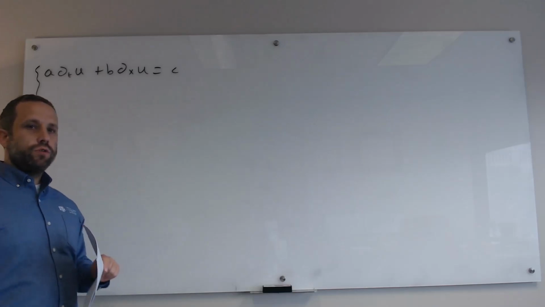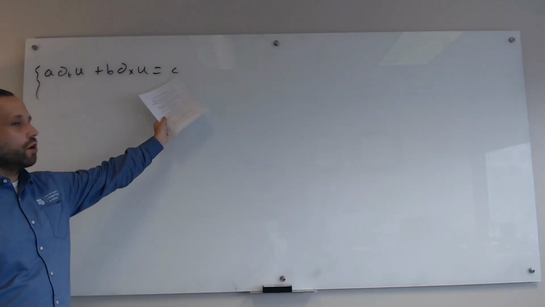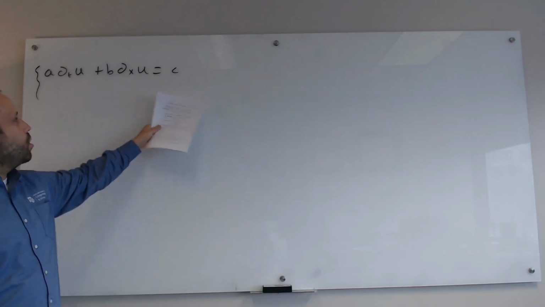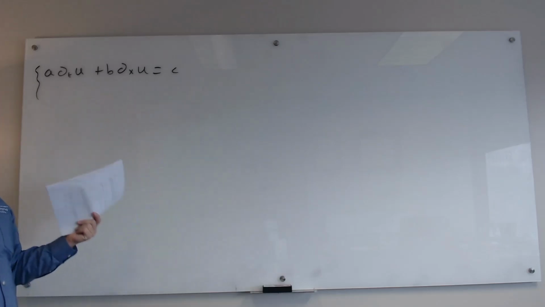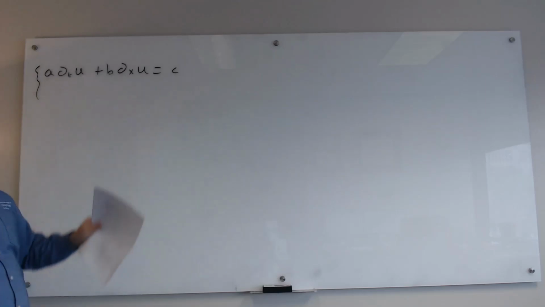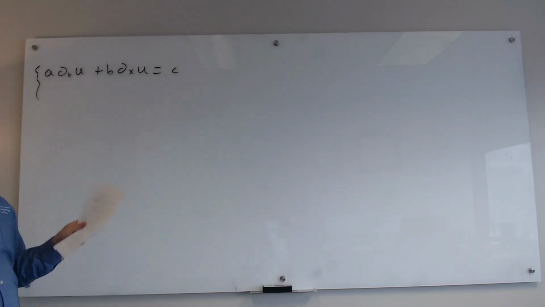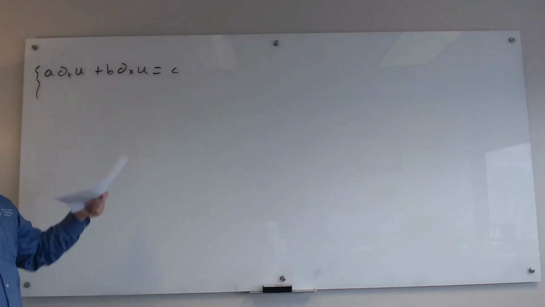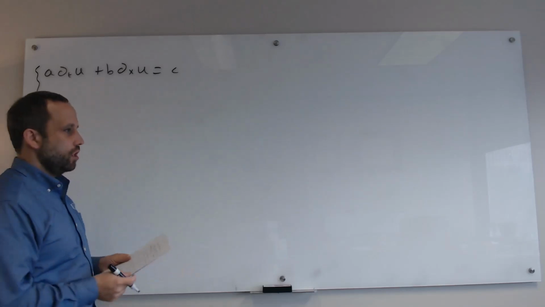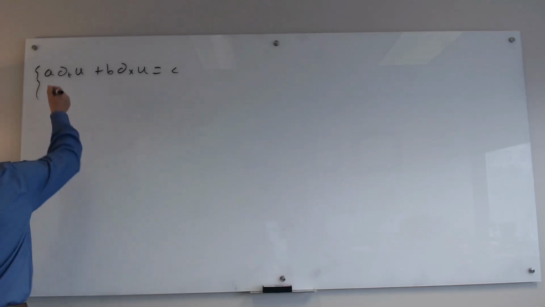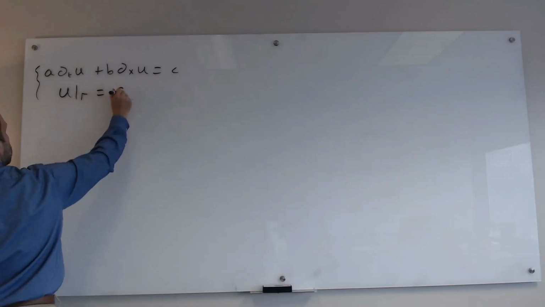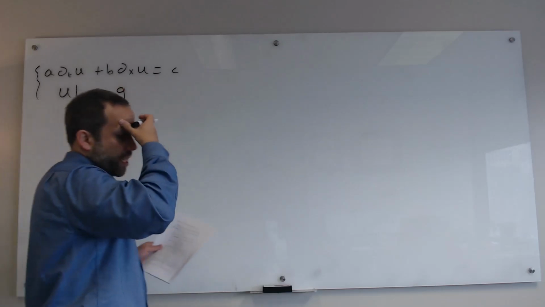Semilinear is a better term for that, because c here can depend on u in a nonlinear way. So overall, it's not a totally linear equation, but since this part right here is linear, if a and b are only functions of x and t, it's a linear equation in the u variable. The left-hand side is linear in u. Because of that, I sometimes will call it linear. All right, and then we've got u restricted to some curve is equal to some given function here.